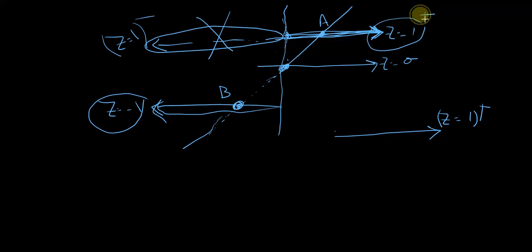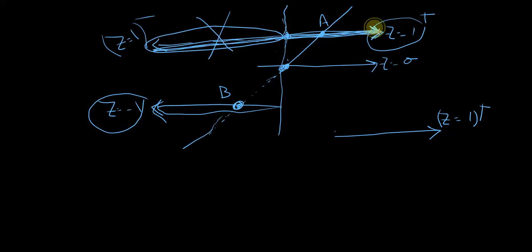So how can I add the negative portion of z equal 1 in this structure? Note that I cannot draw it as a line.